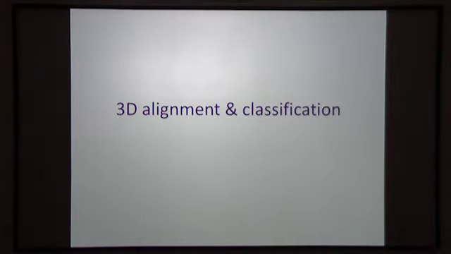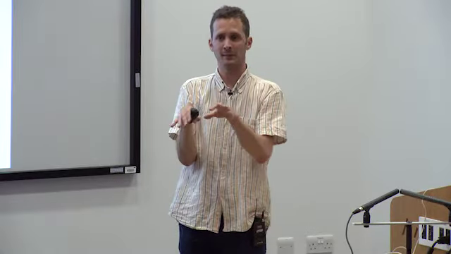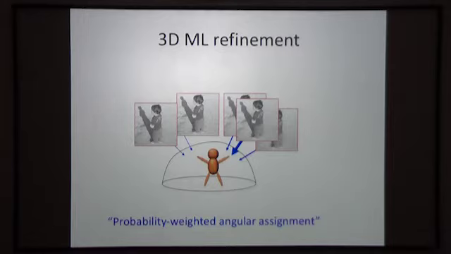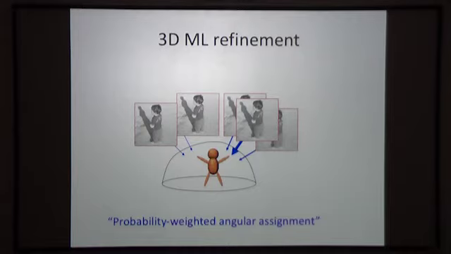So let's have a quick look at 3D, because we've only discussed two-dimensional alignment and classification. In 3D, it's again just the same thing, but expanded with another dimension. Rather than what I told you before, where we would assign a top view to this particular image slightly off to the side, we are going to calculate probabilities for all the possible orientations.